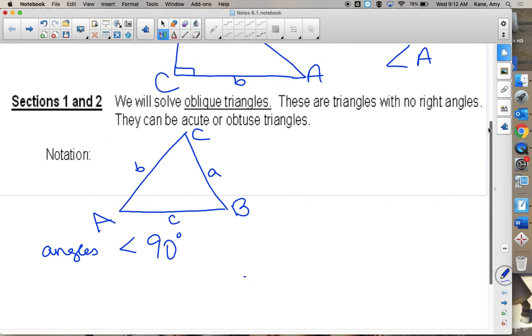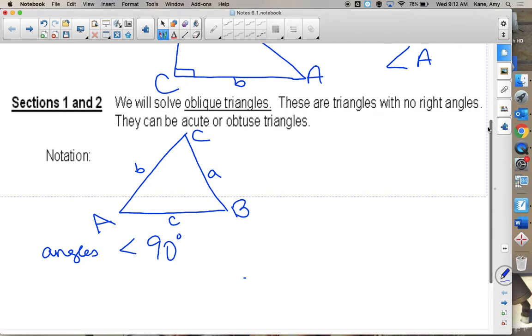If it's an obtuse triangle, that must mean one angle is larger than 90 degrees. Only one, because that takes away from your total of 180, so the other two can't be larger than 90 degrees. Obtuse angles generally have that wide opening. The angle is wider.